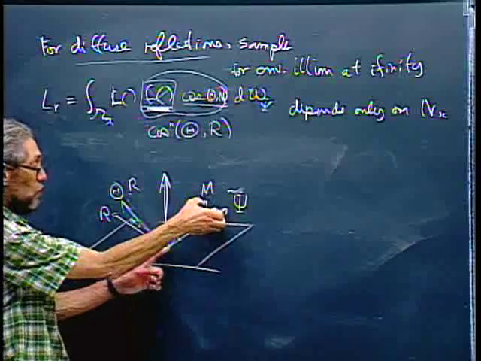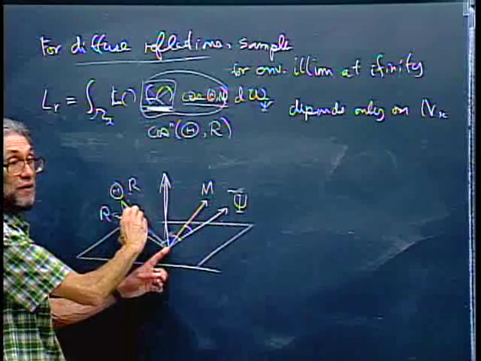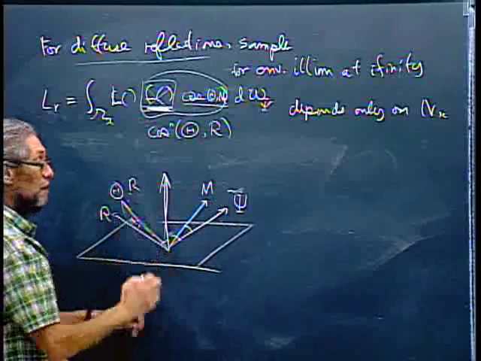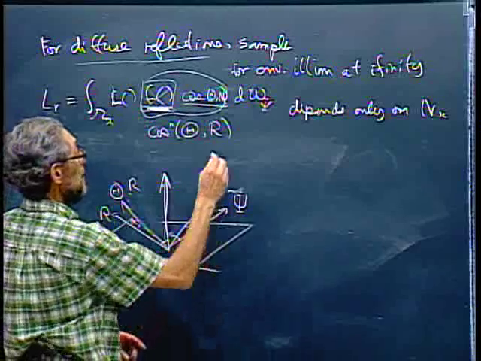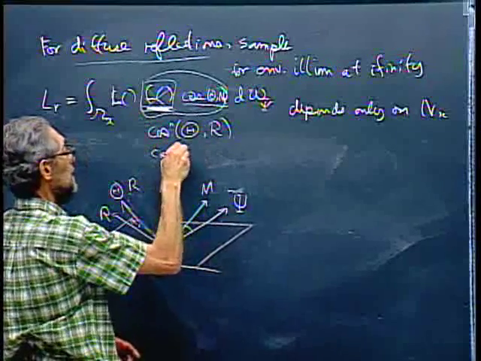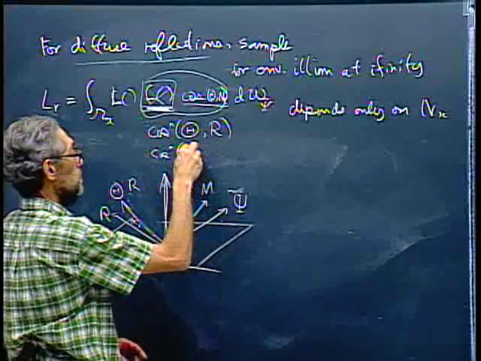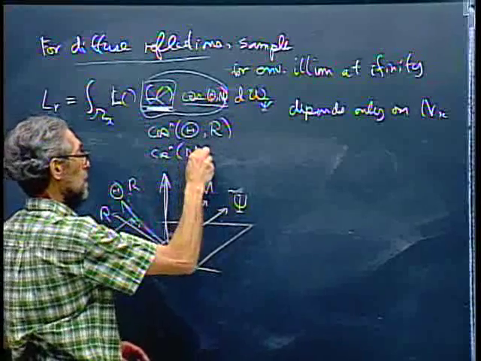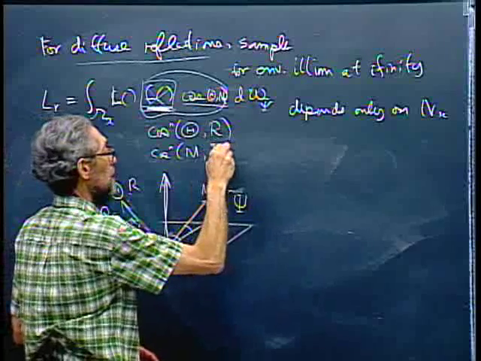Because both of these rays reflect into both of these rays. So instead of thinking of cosine of this direction, we can think of cosine to the n of m and this incoming direction.